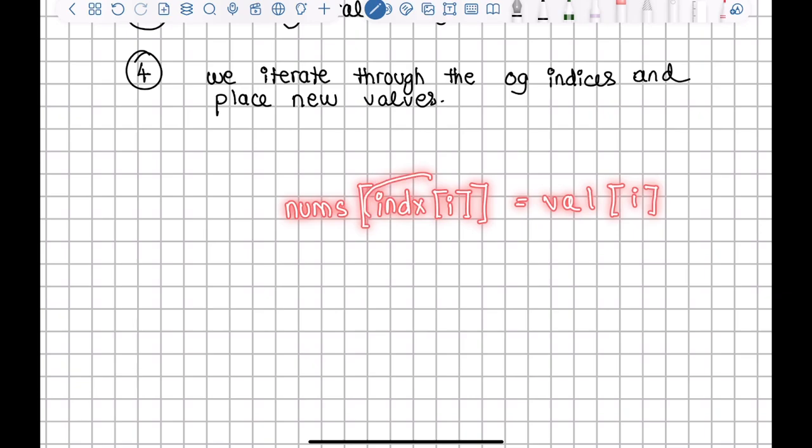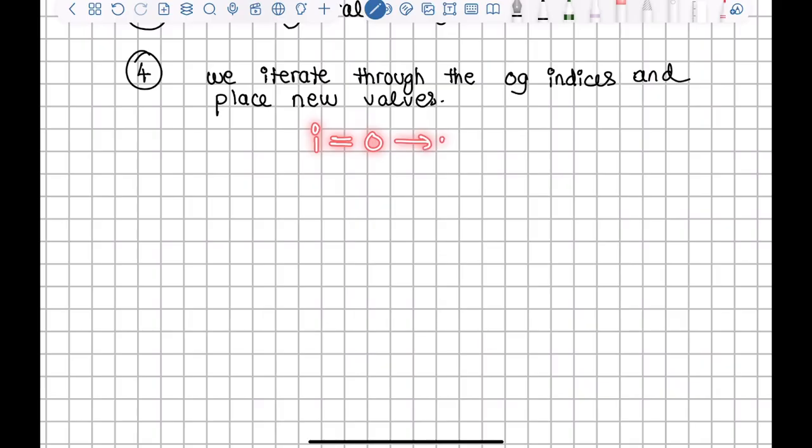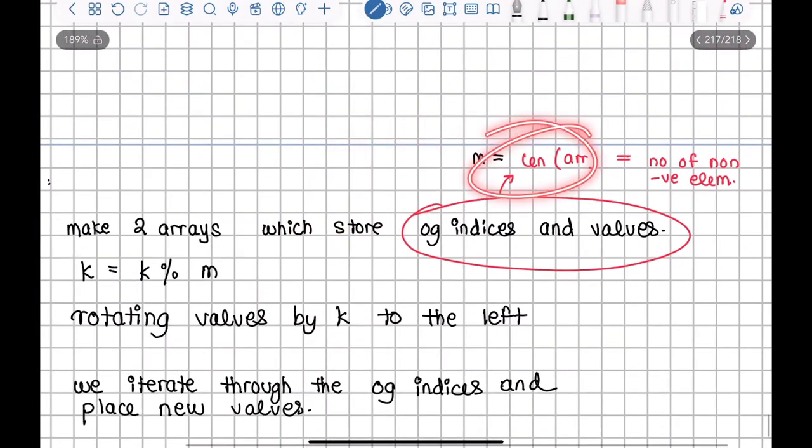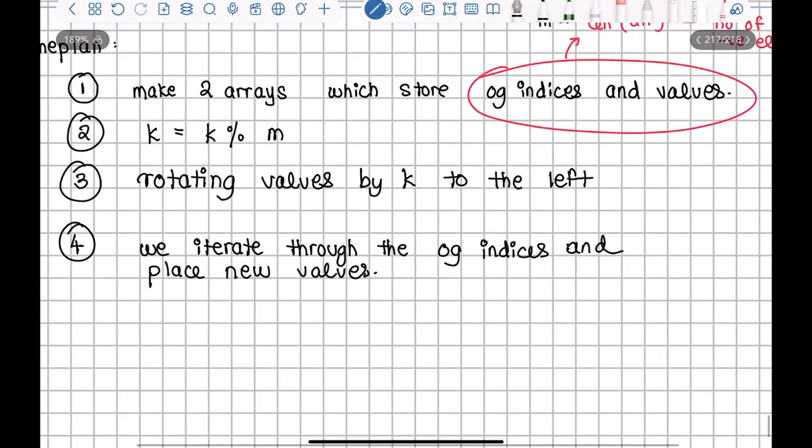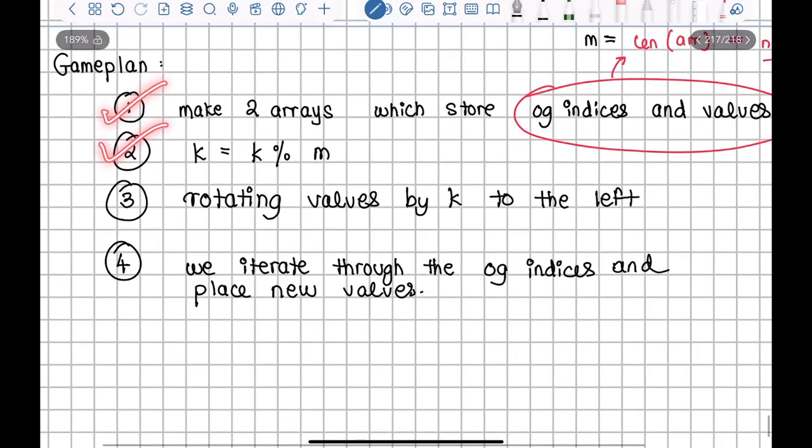So this stored the original index, and this stored the rotated value. Earlier it had the original value, now it has the rotated value, and my I is from 0 to m. What is m? Nothing but this, right? So I hope this is easy.